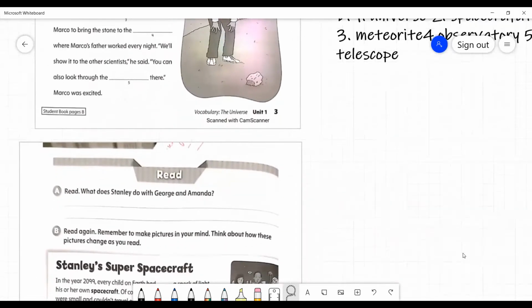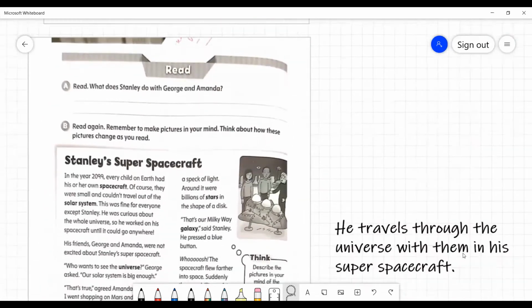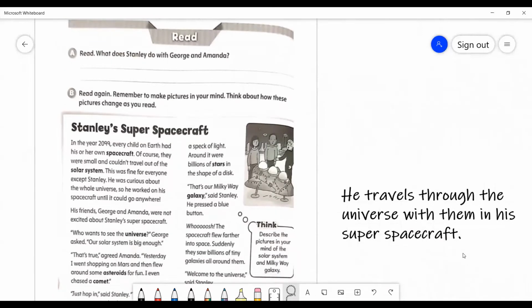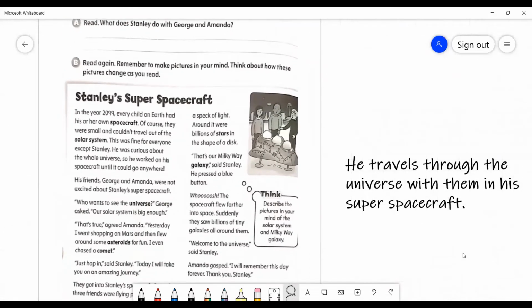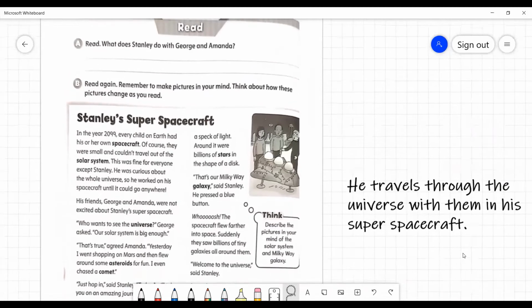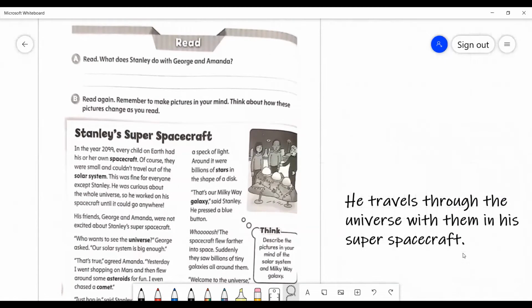Now, page number 4. There is a story, Stanley's Super Spacecraft. You will read this story and write the answers to the given questions in the given place. So number A, what does Stanley do with George and Amanda?